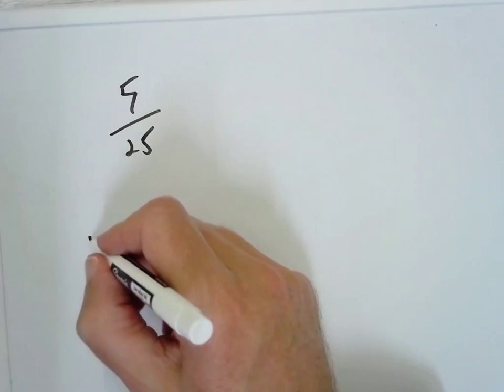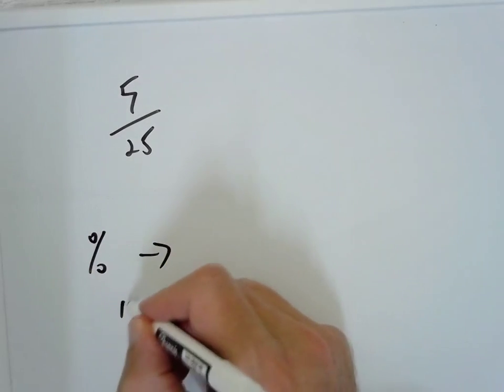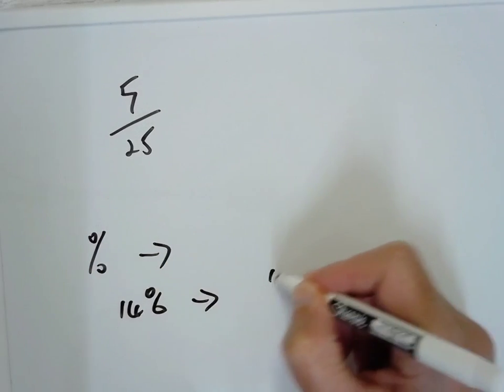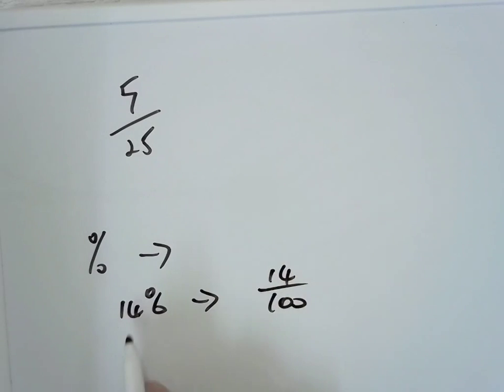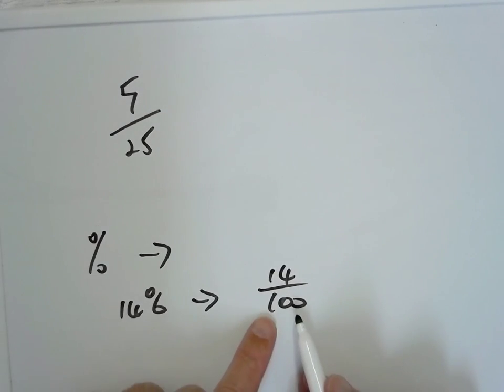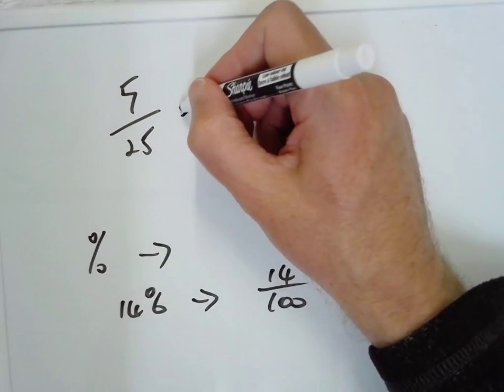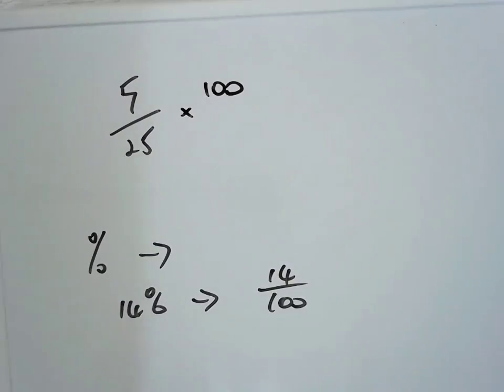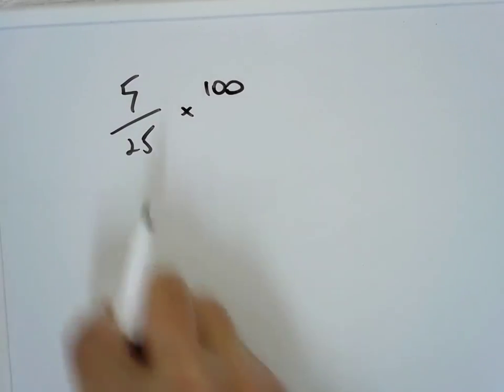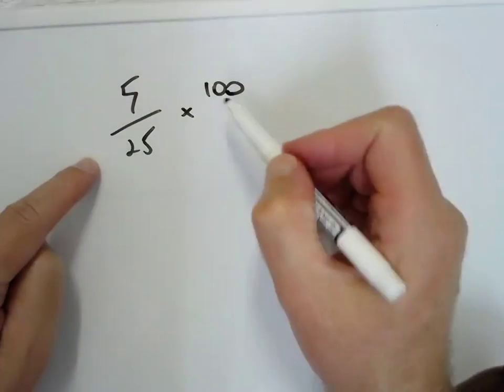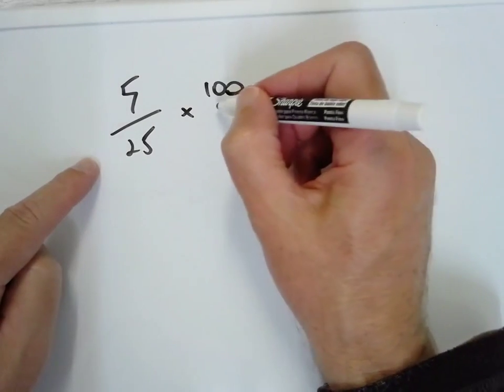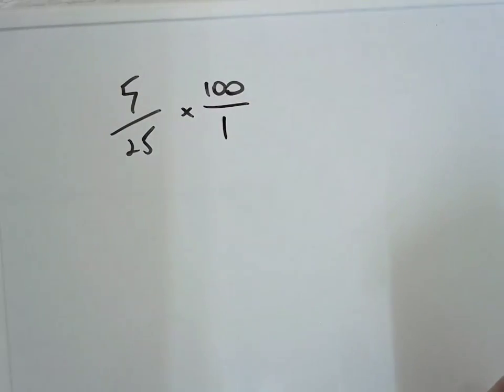Remember, when we went from a percent to a fraction, we did 14%, to a fraction was 14 on 100. Percent to a fraction, we divided by 100. So does it make sense that when we go the other way, we're not going to divide by 100, we are going to multiply by 100? So a fraction times 100, we can do this. 100 as a fraction is 100 over 1.